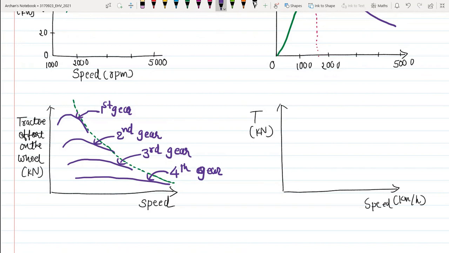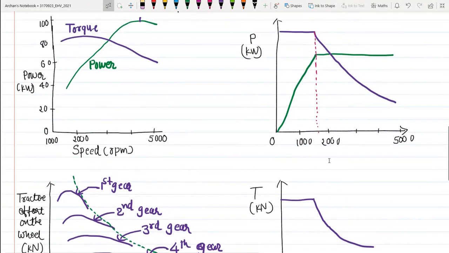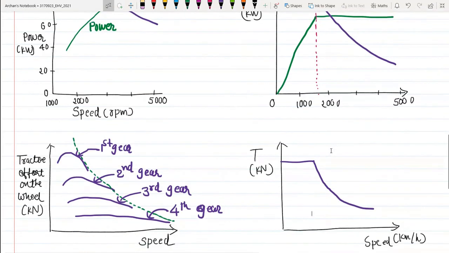It will be like this. Up to base speed, flux remains constant, and then above base speed, the torque will decrease hyperbolically like this. This is the characteristic of electric motor torque speed characteristics, or you can say the performance characteristics.